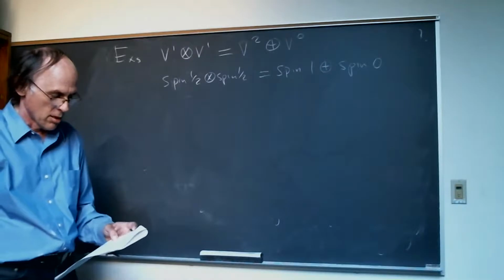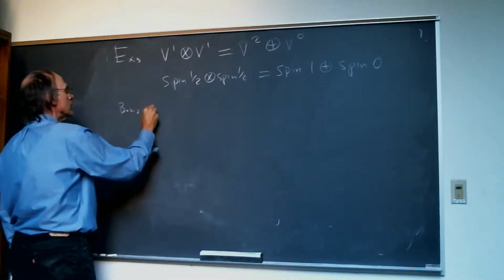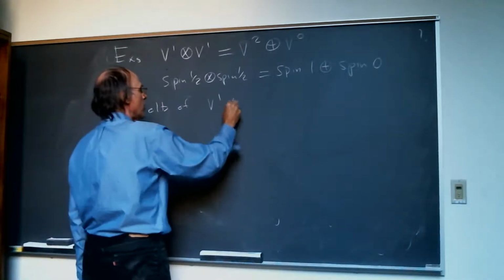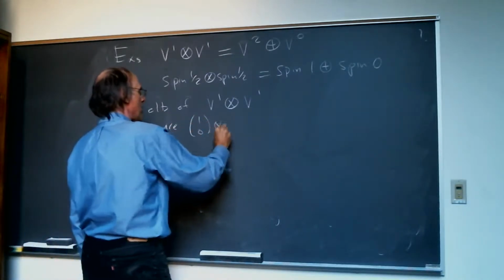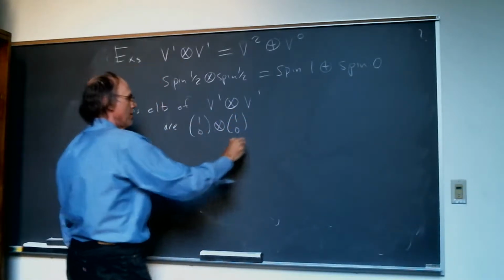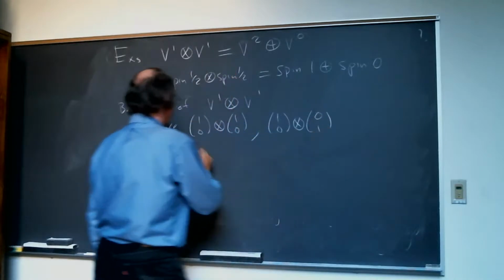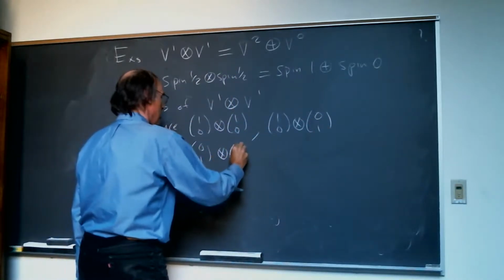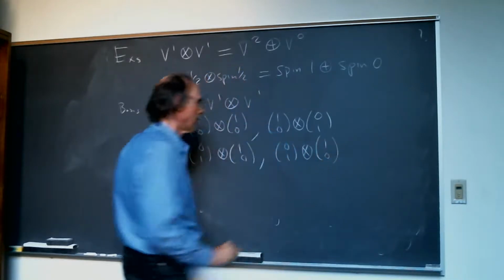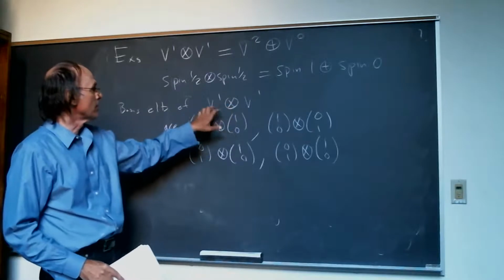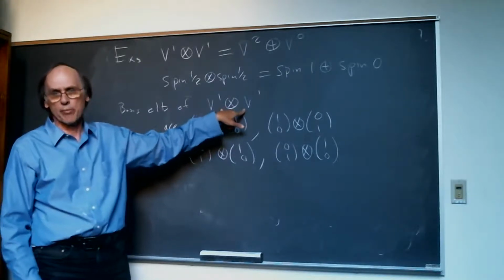Maybe to be a little bit more concrete, the basis elements of V1 are 1,0 tensor 1,0; 1,0 tensor 0,1; 0,1 tensor 1,0; and 0,1 tensor 0,1. So what is this tensor product space of the product of two spin representations?